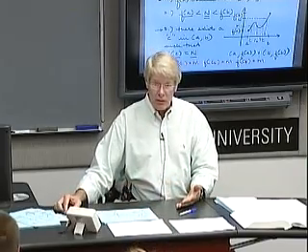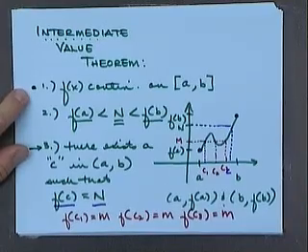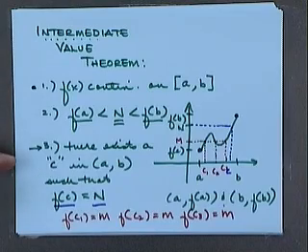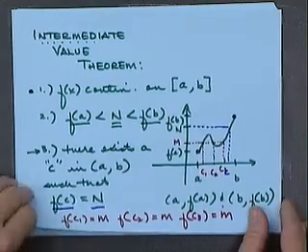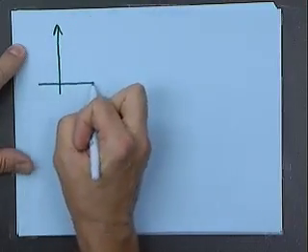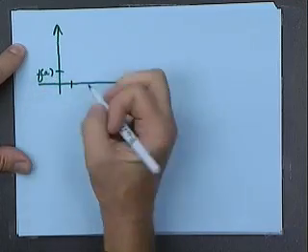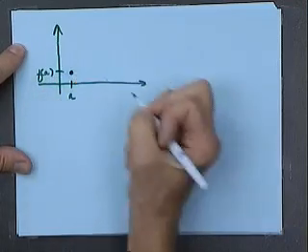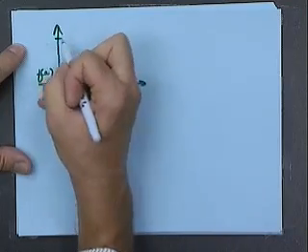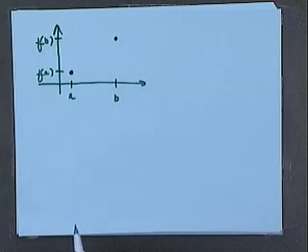So if it's discontinuous, if we don't validate this first premise, do we have to be able to draw this conclusion? Well, let me draw one that's not continuous. So here's our A, f of A. And here's our B, f of B. Now, this is not continuous.